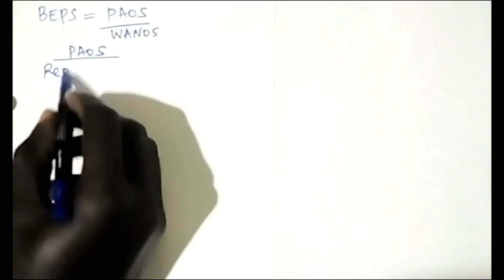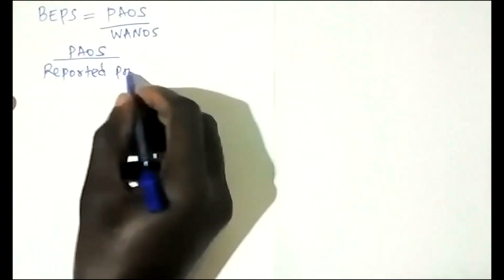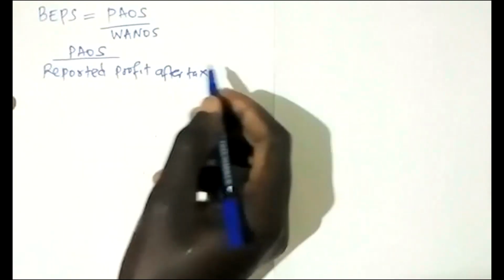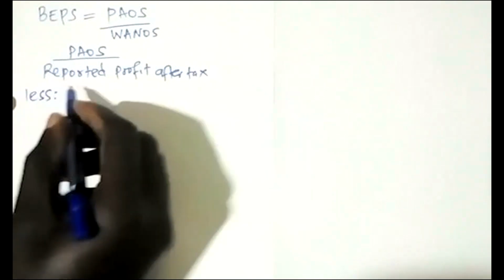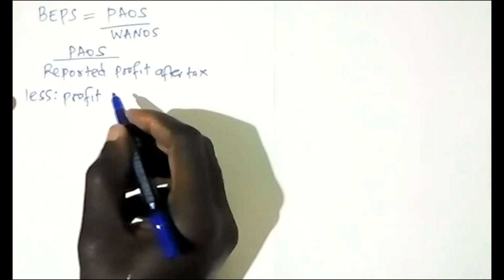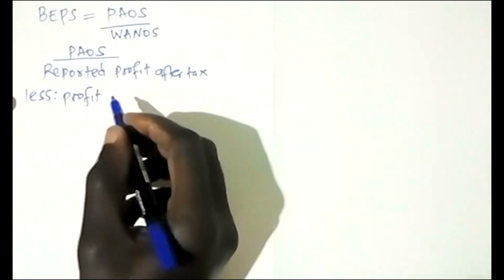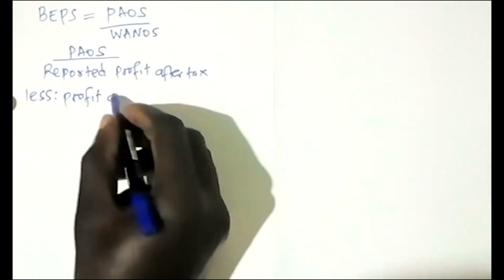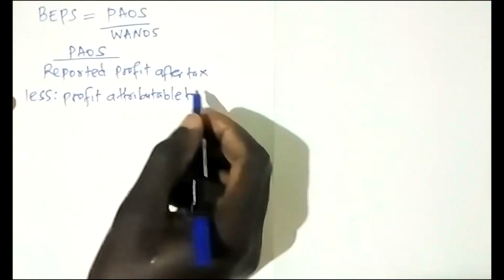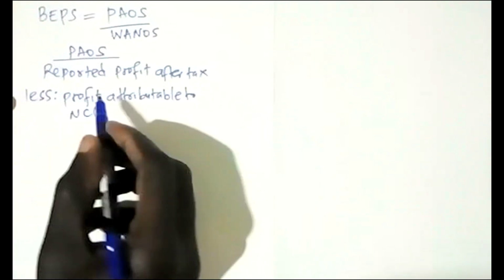You start from the reported profit after tax. You are supposed to subtract the profit attributable to NCI. NCI is all about minority shareholders, so the profit attributable to NCI, that is minority shareholders.